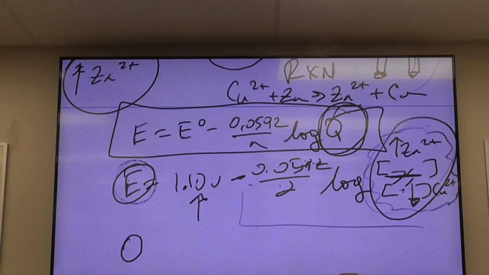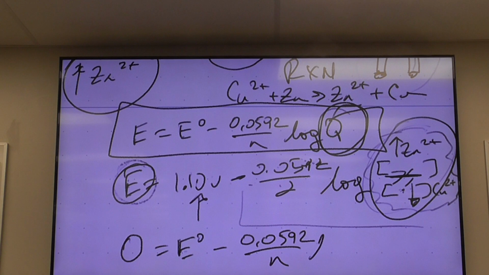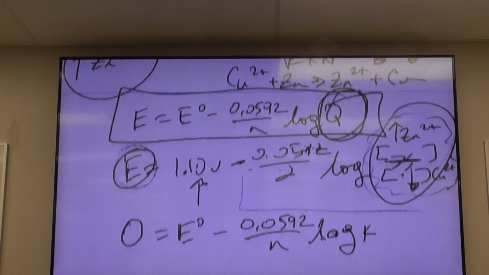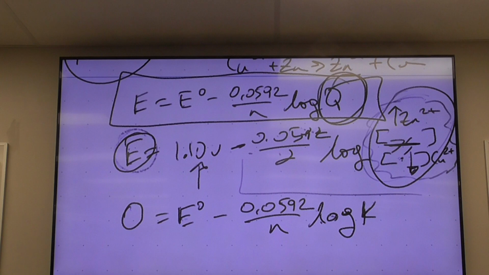K. So E is going to equal 0, and I'm just going to put this as a generic E naught, equals 0.0592 over n times the log of K. So what I want to do is isolate K.